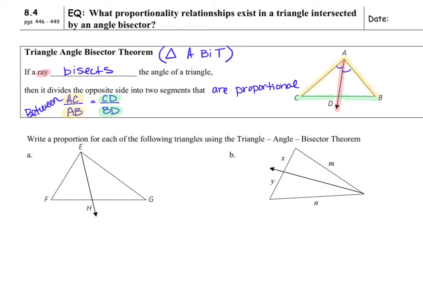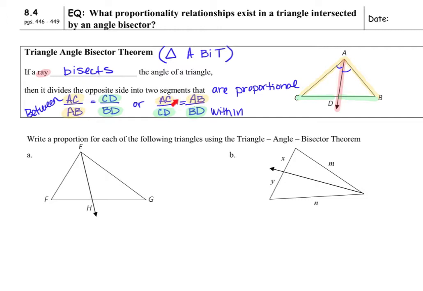We can also write a within ratio that would compare AC to CD and AB to BD. This is an example of a within proportion because I'm comparing sides that are within one triangle instead of between the two.